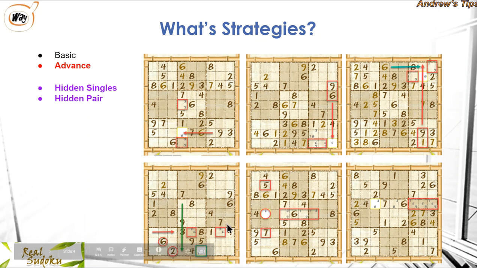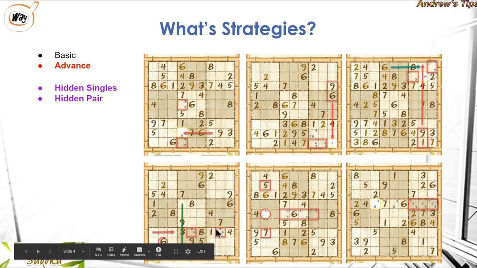Another one is, for example here, for this row, we have 5 empty cells. But in this region, we have 6 and 2 only here. So that means 6 and 2 do not go in these 3 cells. But 2 empty cells are left, and they must be 2 and 6.